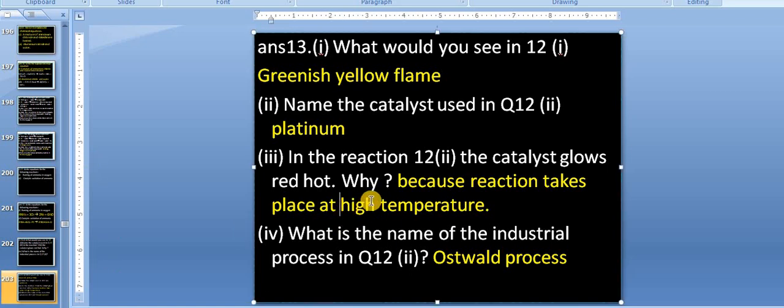That is better. High temperature is not the appropriate word. Exothermic is what we have to write, because sometimes somebody editing makes an error.